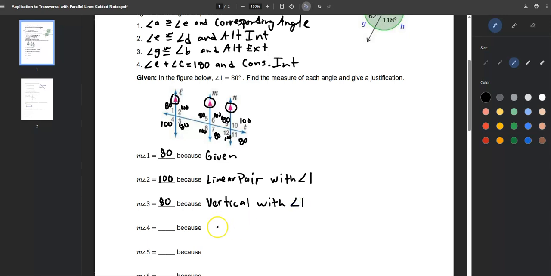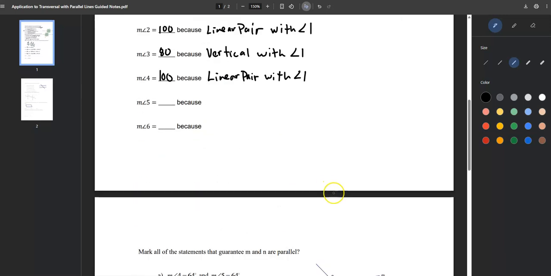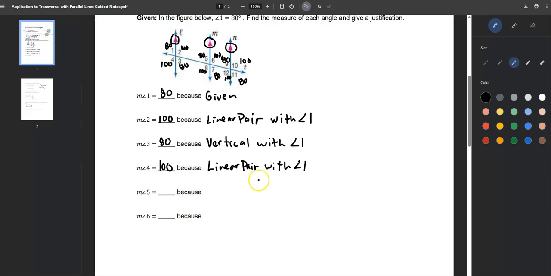And then angle 4 is going to be 100 because it's also a linear pair with angle 1. So everything's going back to that. Then if we keep looking at a couple of these, angle 5, we said that one's 80 because it is corresponding with angle 1.